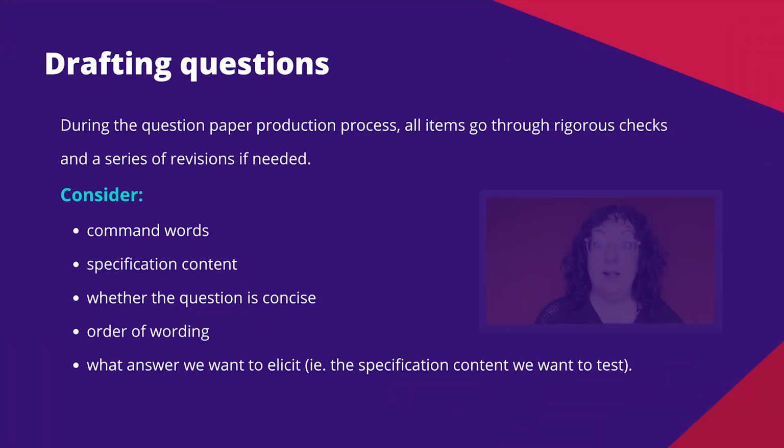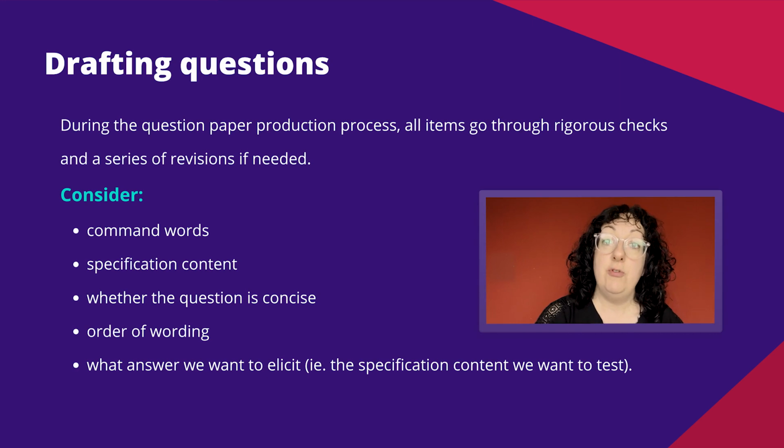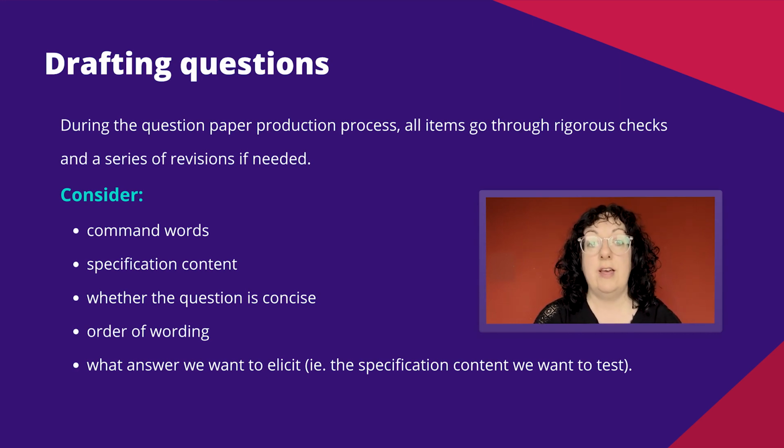As we've tried to show you through that quick look at an MCQ example, the language used as well as other factors need to be carefully considered when we're drafting questions. As such, during the question paper production process, all our items go through rigorous checks and a series of revisions if needed.